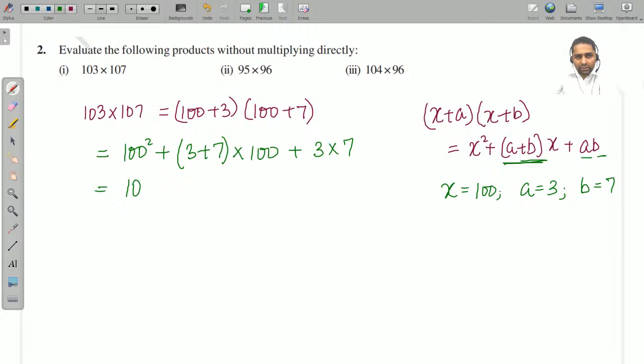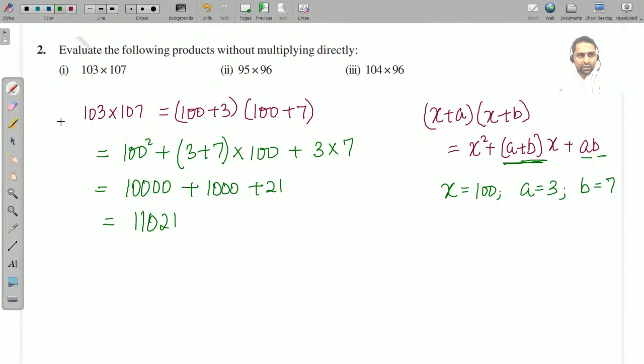So it comes out to be 10000 plus 3 plus 7 is 10, it becomes 1000 plus 21. So it comes out to be 11021. That is it. This is how you are going to solve these questions.